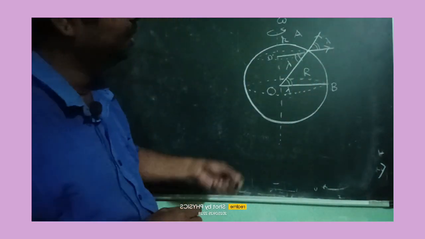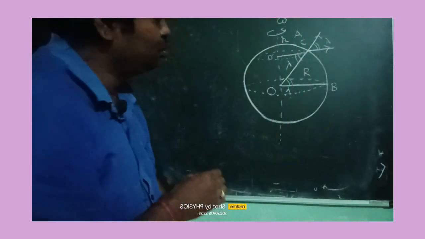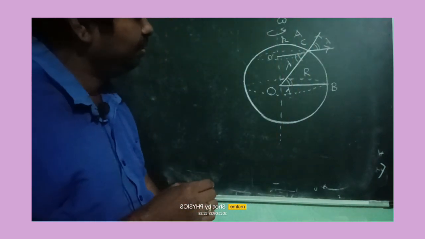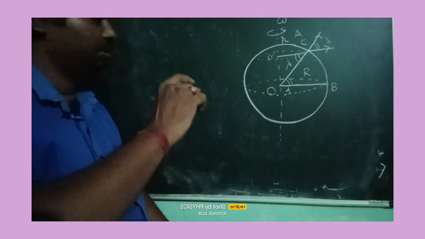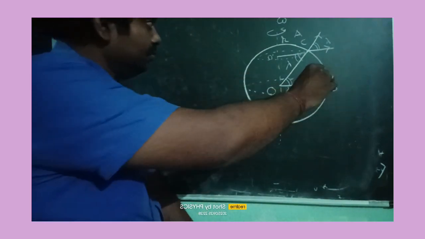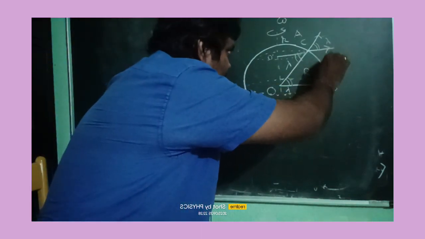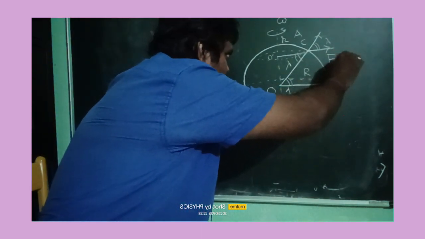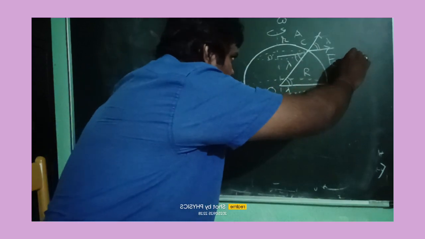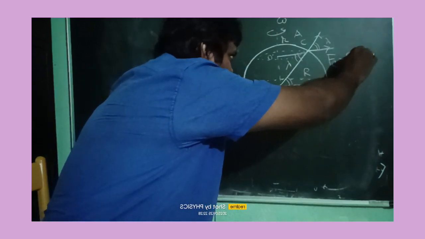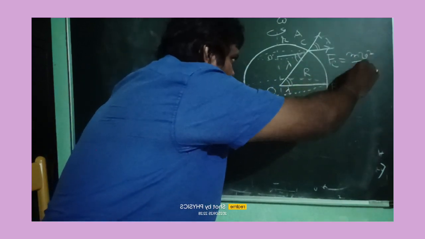Now if the object is placed at the point C, then there is a centrifugal force acting on it. What is the centrifugal force? Fc is equal to m v square by r.